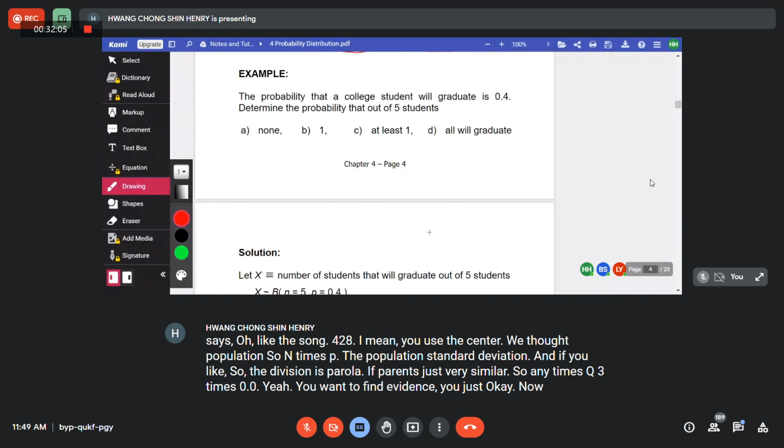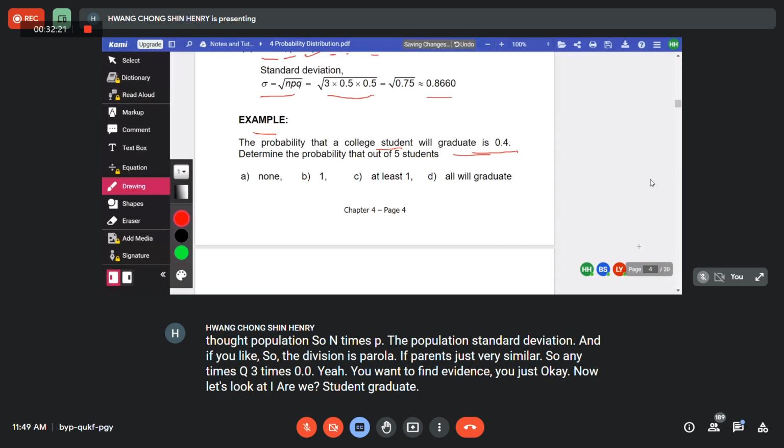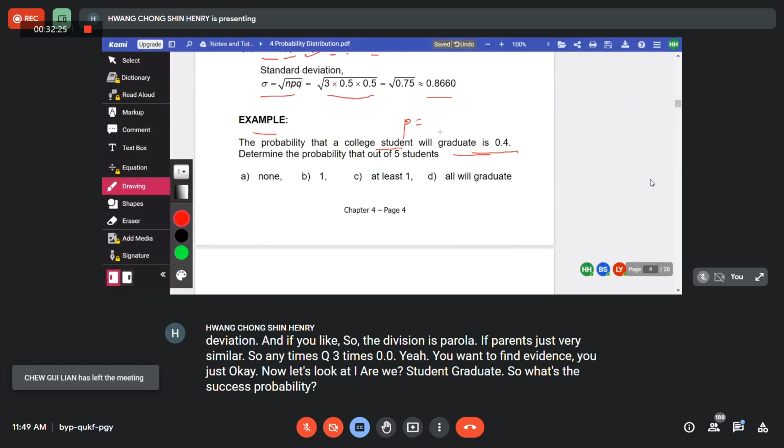Okay, now let's look at 2 more examples just before we end. The probability that a college student will graduate is 0.4. So what is our random variable here? Student graduate, am I right? So what is our success probability? p is 0.4, we are talking about student graduate, and q is what?